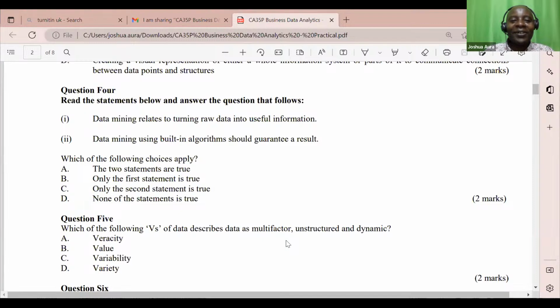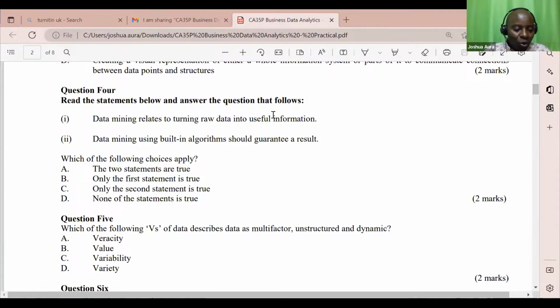Okay. So A, B, B, C. Now, ladies and gentlemen, the first one must be correct because of the definition. If you remember how we define data mining, it's all about extracting.